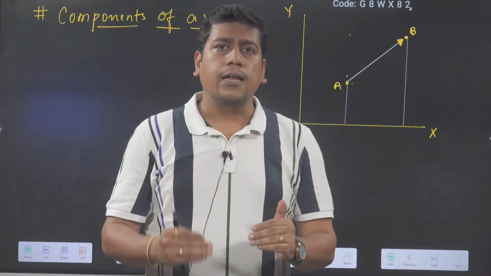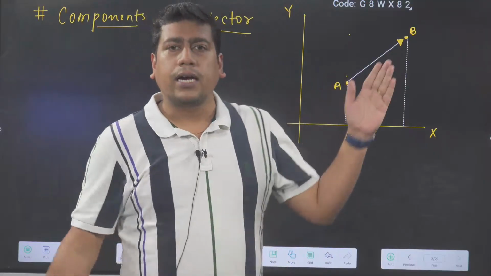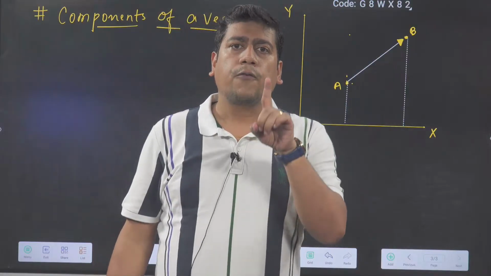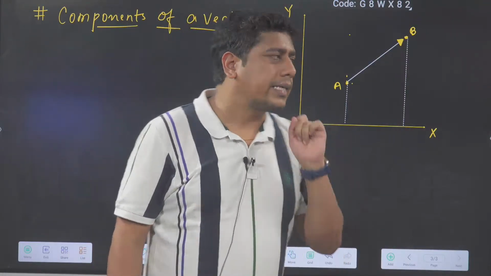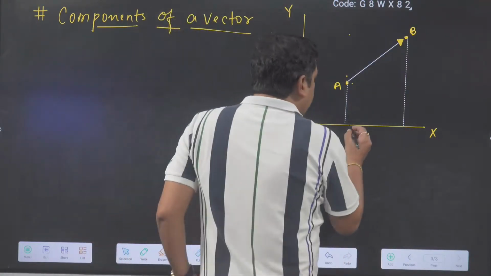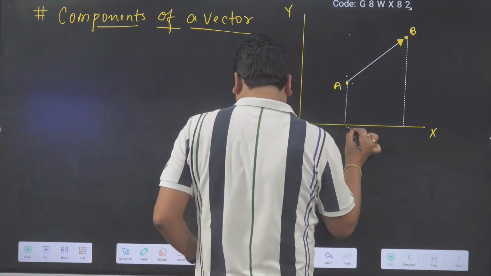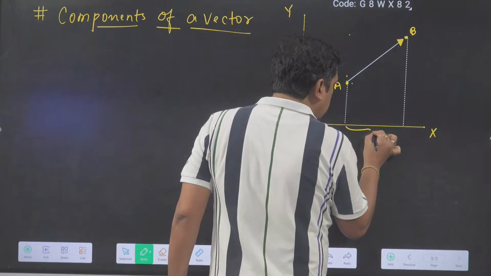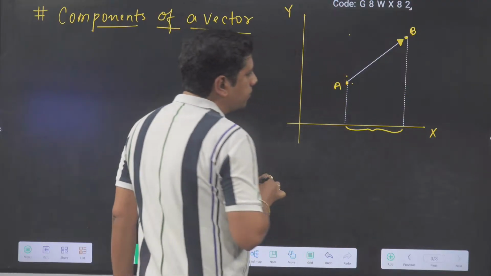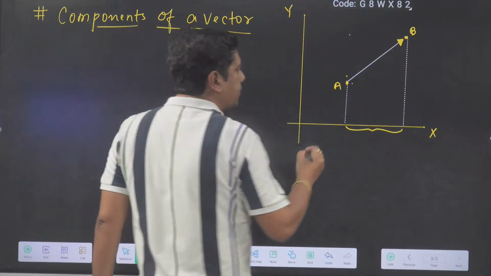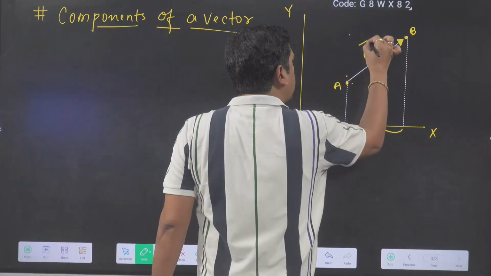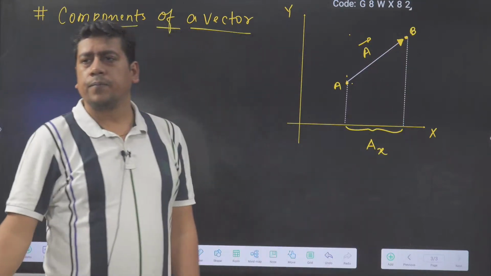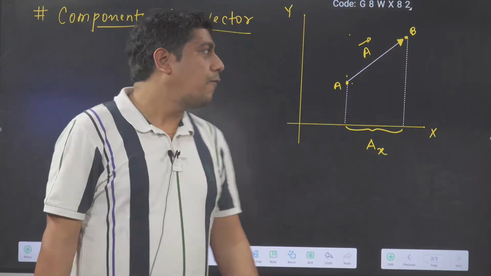We are interested in finding the component of the AB vector along the x-axis, that's why we have dropped the perpendicular from A and B to the x-axis. So this length, if you call the vector a, is known as the x component of a.